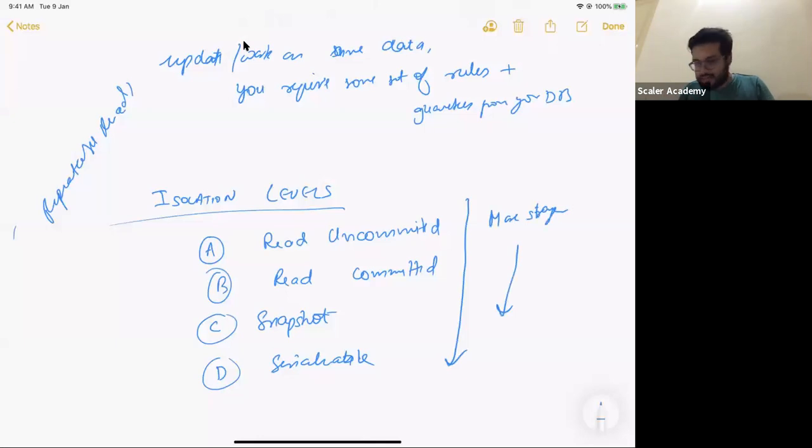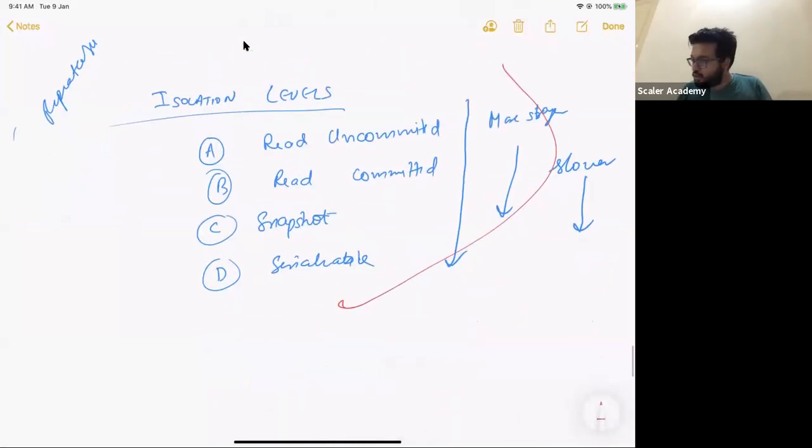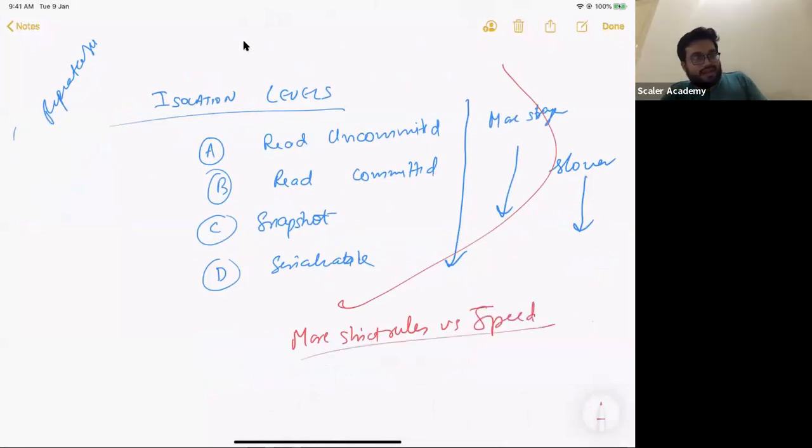The second thing is, it also becomes slower and slower as you move down. Does that make sense? And which is only fair, because system design is all about trade-offs. And here you are actually going to see a trade-off between more strict rules versus speed. Does that make sense to everybody?